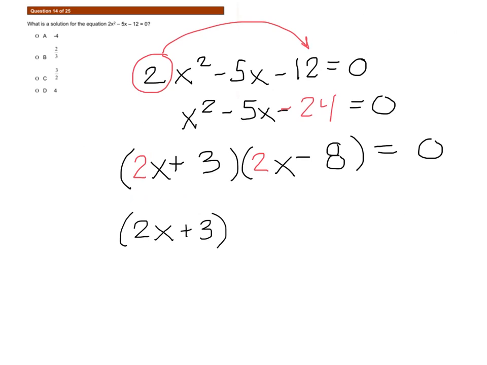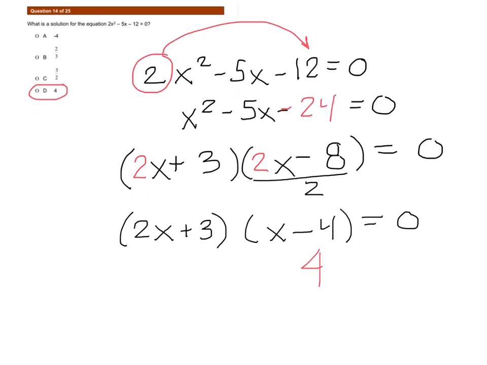But on the other one, we see that 2 and 8 can both be divided by 2. And when we do that, we end up with x minus 4 equals 0. This goes back to earlier problems, and we ask ourselves, well, what could we plug in to x minus 4 to get a 0? Well, the opposite of minus 4, or negative 4, is a 4. And we see that choice right here for D.